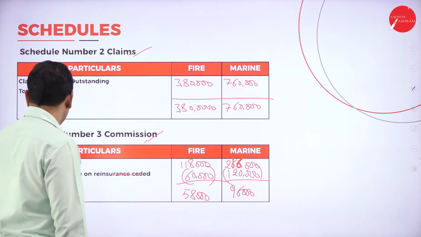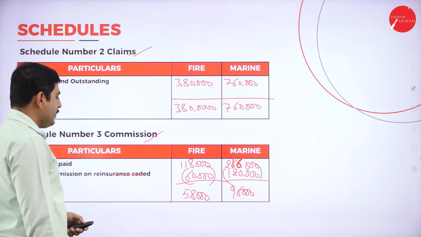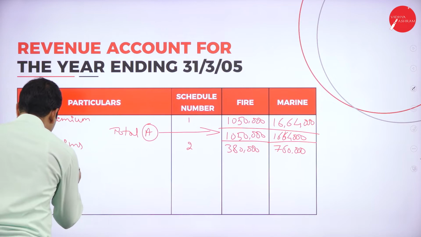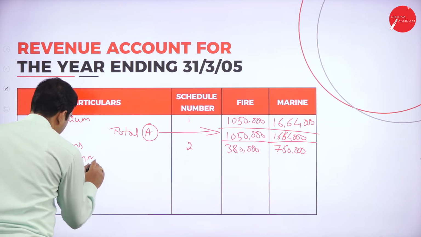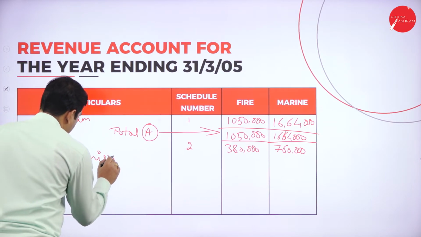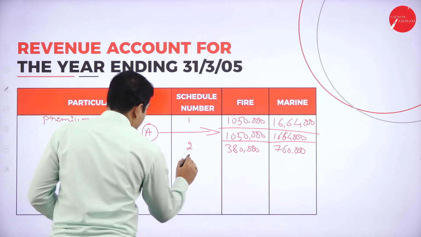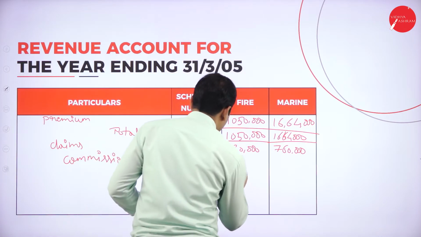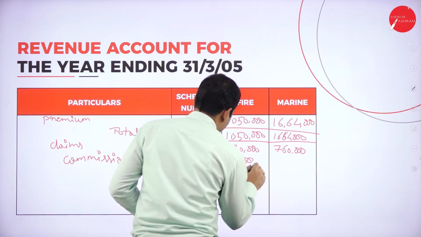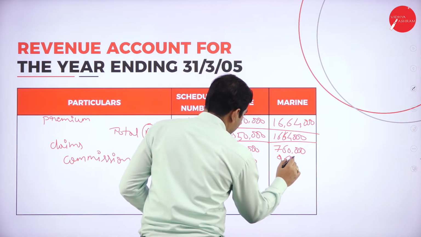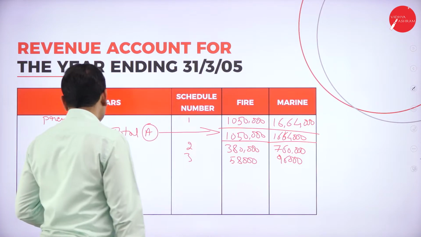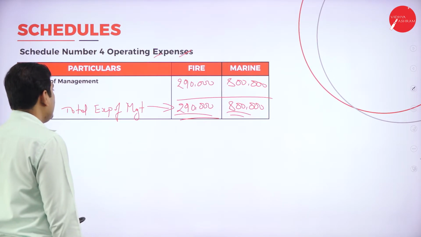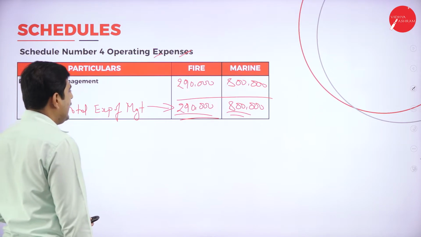Next one, schedule number 3, commission: 58,000 and 96,000. Last one is operating expenses, schedule number 4: 2 lakh 90,000 and 8 lakh.